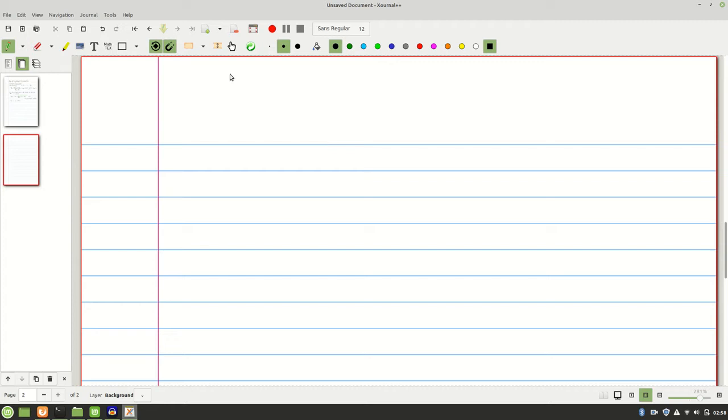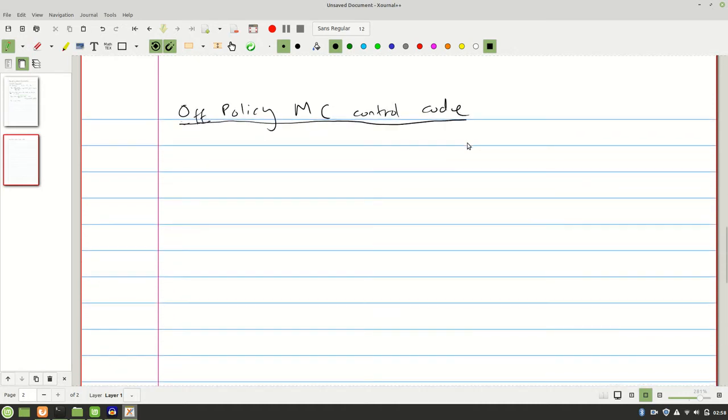Now I'm going to look at the off-policy Monte Carlo control code, where we're utilizing importance sampling. Most of these concepts are things you're already familiar with if you watched the previous video, so I'm not going to spend too much time on this.